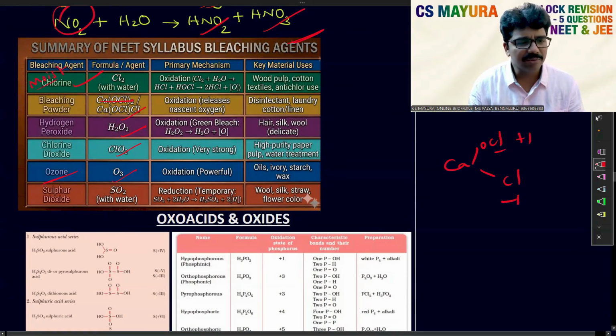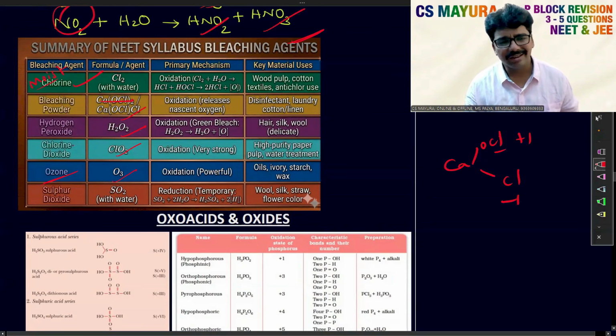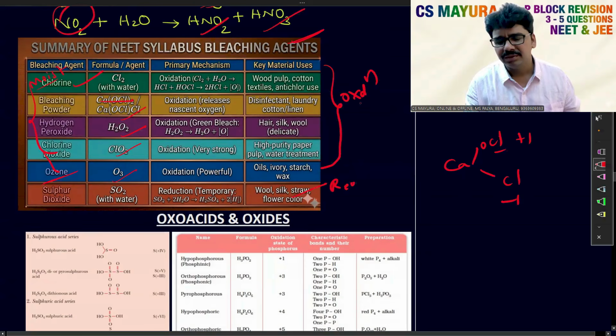Moist chlorine, bleaching powder, hydrogen peroxide, chlorine dioxide, ozone: all bleach through oxidation. The bleaching agents that bleach through oxidation are permanent bleaching agents. Moist sulfur dioxide bleaches through reduction, so it is a temporary bleaching agent.